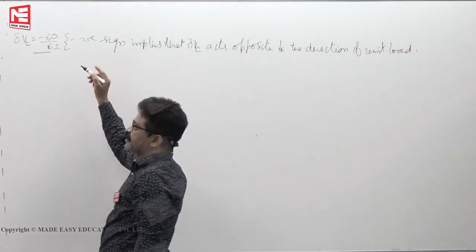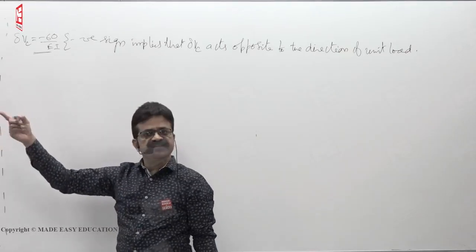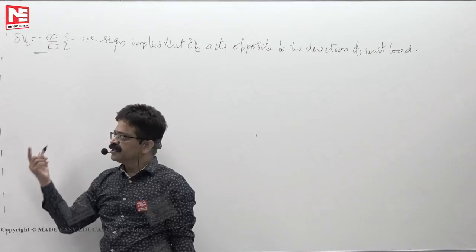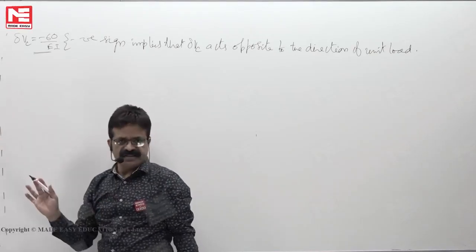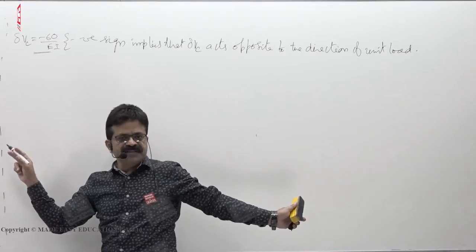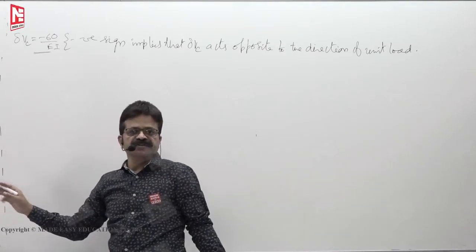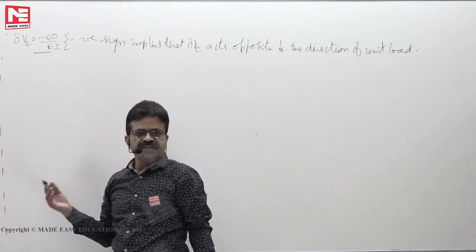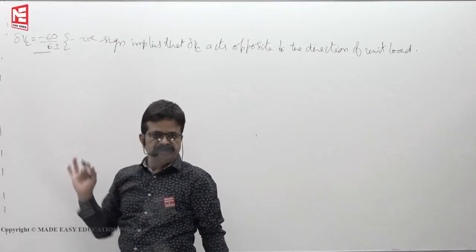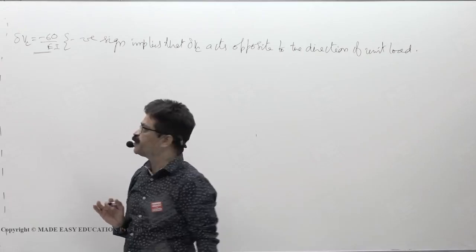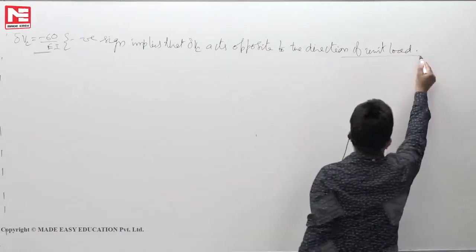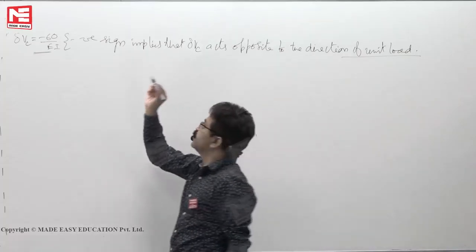You see here, at that moment direction is different. Whatever direction unit load is acting, whether moment is there, applied moment we are not concerned. How you applied unit load? If you get positive result, that means in the direction of unit load displacement happened. If you get negative result, opposite to the direction of unit load, whatever may be the moment direction, clockwise or anti-clockwise. Okay, opposite to the direction of unit load, not applied load.